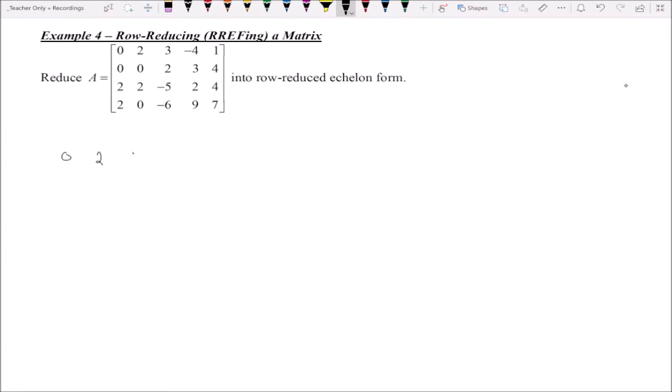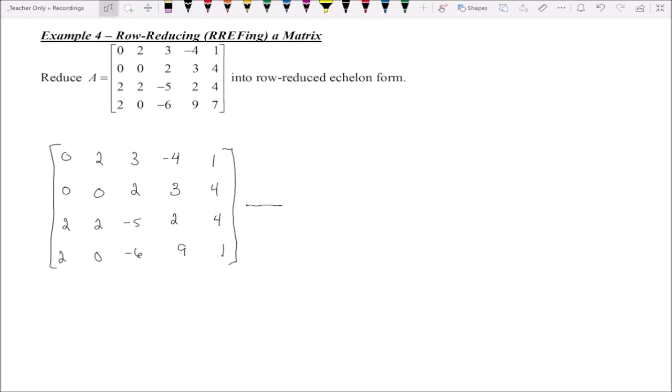First thing is, as before, just recopy the matrix. Right, and then by example 3, we had this matrix here.